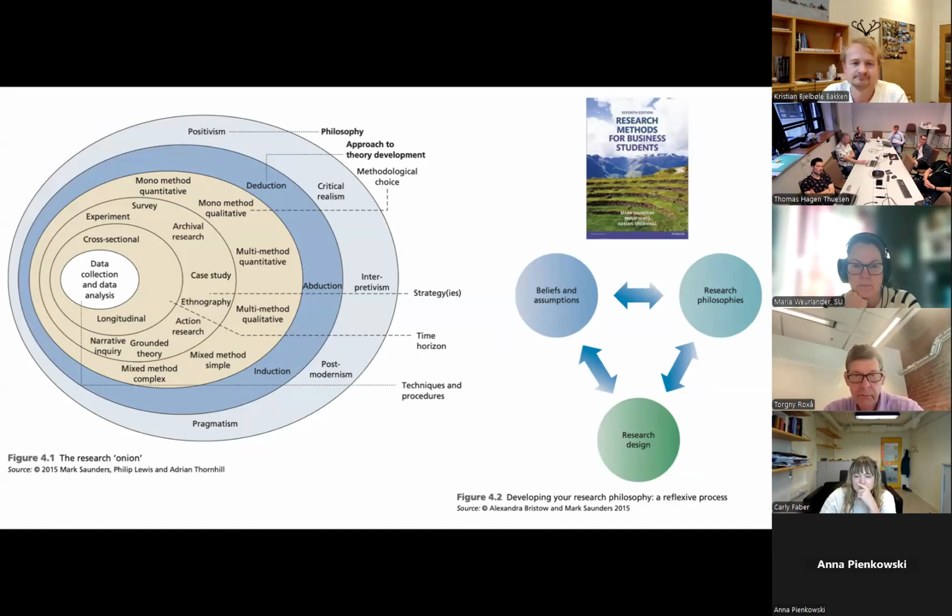Here's the research onion: the outer layer is the philosophy, then you have the approach to theory development, and then methods, how to approach that. Students need to understand these different layers and how they interact, and they need to reflect on how beliefs, assumptions, research philosophy, and research design are connected.